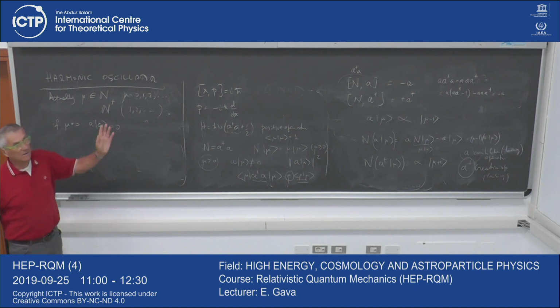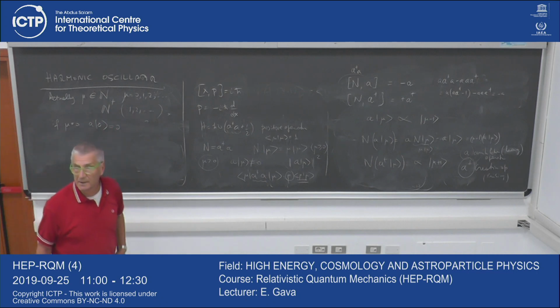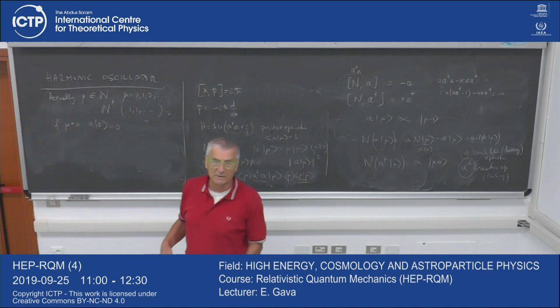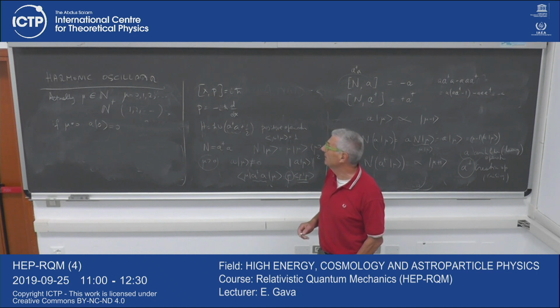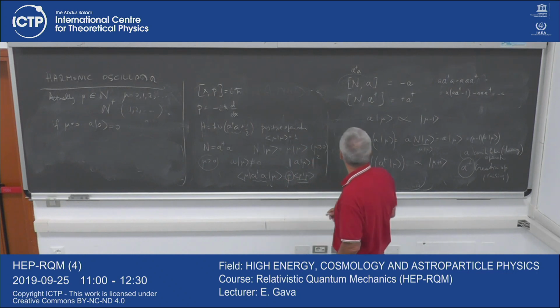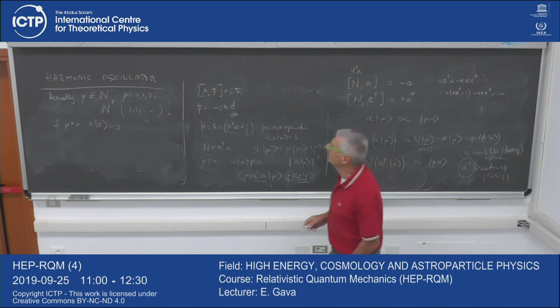But with A dagger you can go up to infinity. By applying enough powers of A dagger you can increase the eigenvalues arbitrarily. Okay? So this is the conclusion; we establish the spectrum.